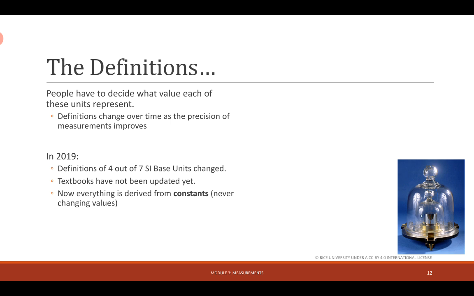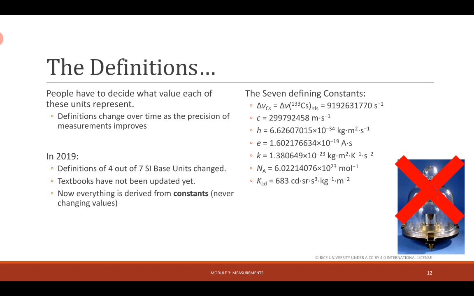And so this Le Grand K was changing mass over time, and therefore it was not a good reference for what a kilogram was. And so in 2019, they just decided, you know what, let's get rid of any physical object on Earth and instead define these units by 7 constants.